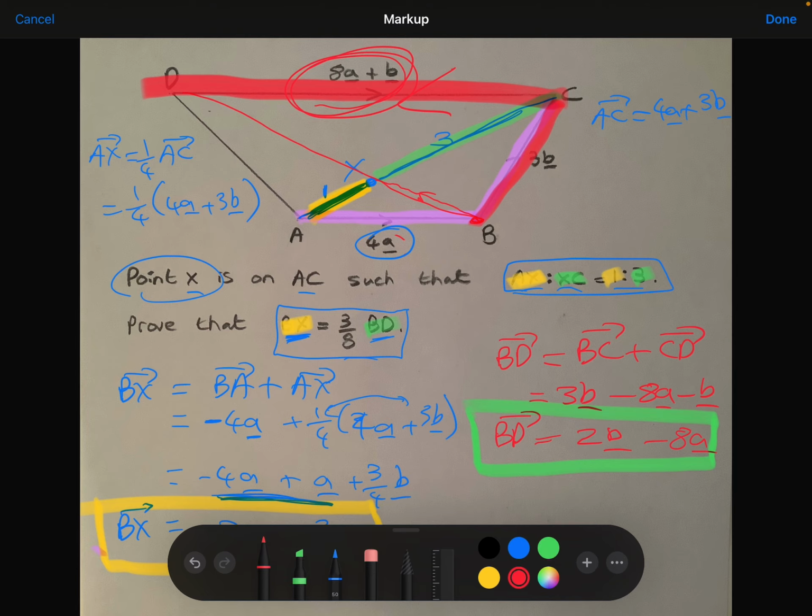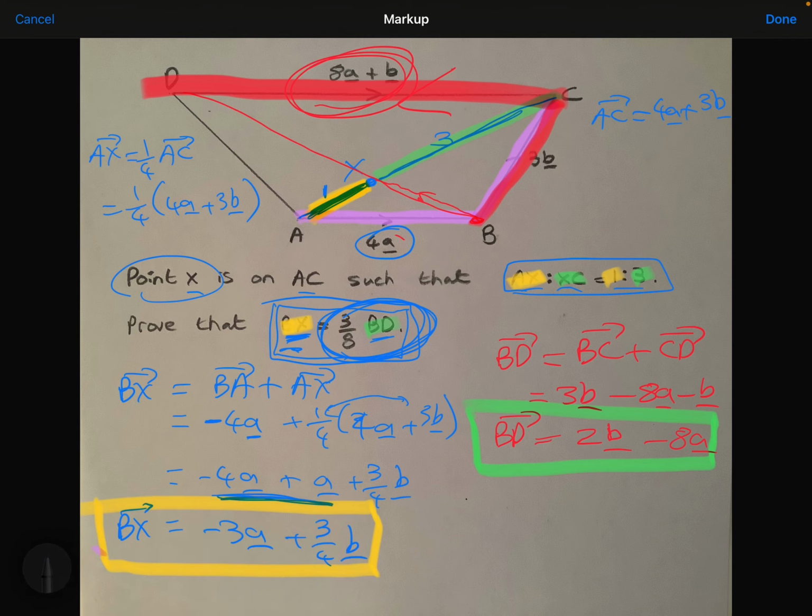So let's just finish this question off now, because I've got the expression for BX, and I've got the expression for BD separately. Now I just need to show that 3/8 of BD is the BX. So down here, 3/8 of BD. Let's work this out. So 3/8 of 2B minus 8A.